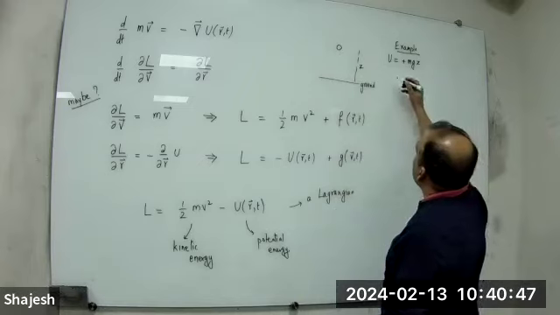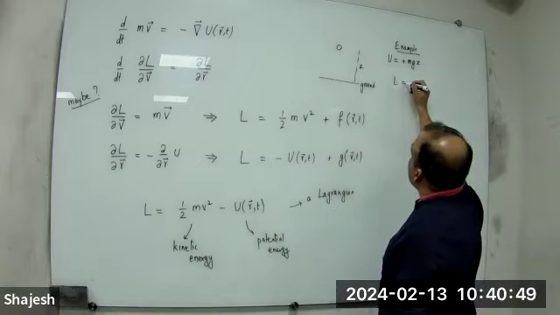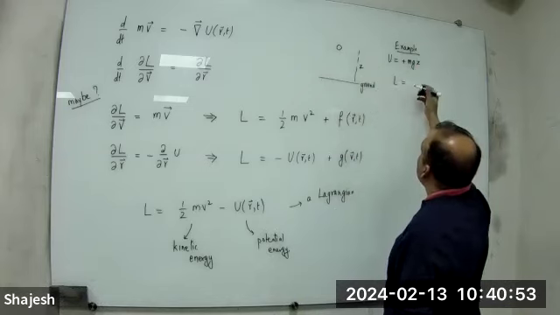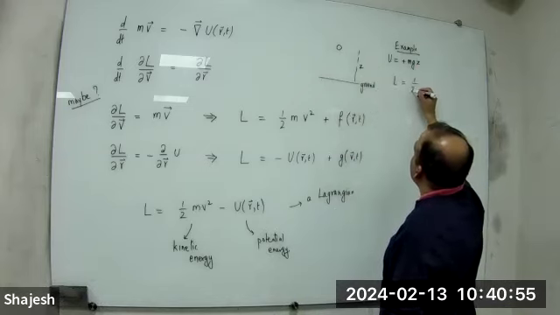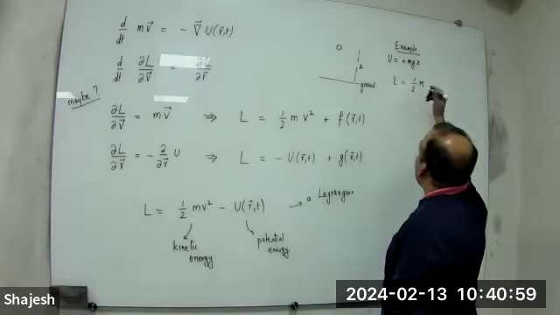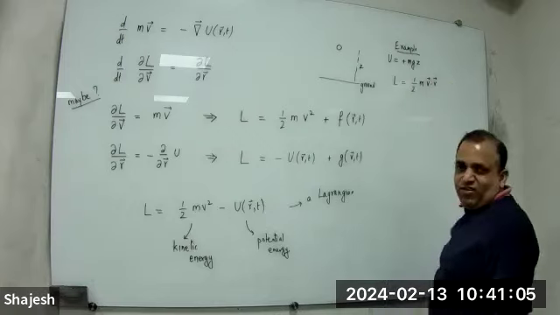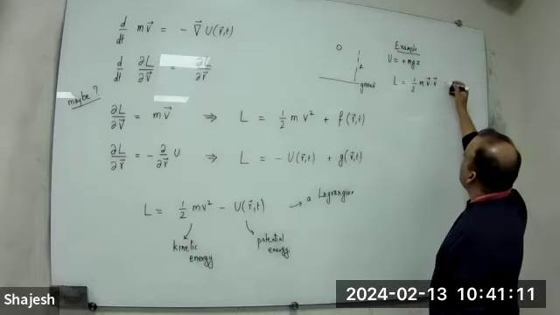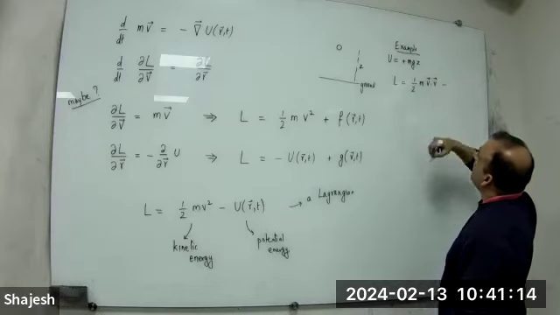In principle it can move in all directions, so the Lagrangian would be half m v dotted with v. I'm emphasizing that it's a vector. It's v squared, but v_x squared plus v_y squared plus v_z squared, minus the potential energy.